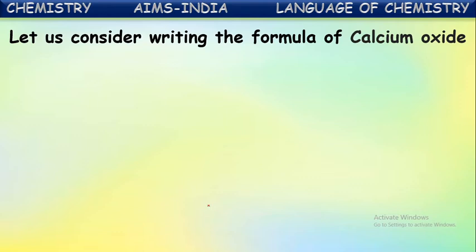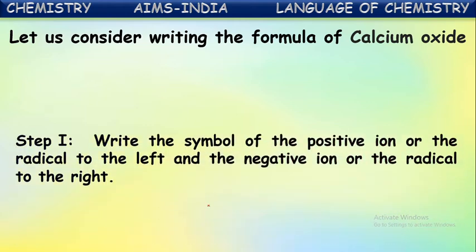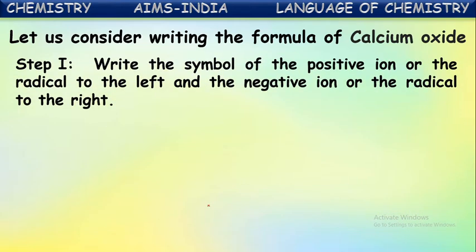Let us see the steps we have to follow by taking an example, writing the molecular formula of calcium oxide. The first step is: write the symbol of the positive ion or radical to the left and the negative ion or radical to the right.